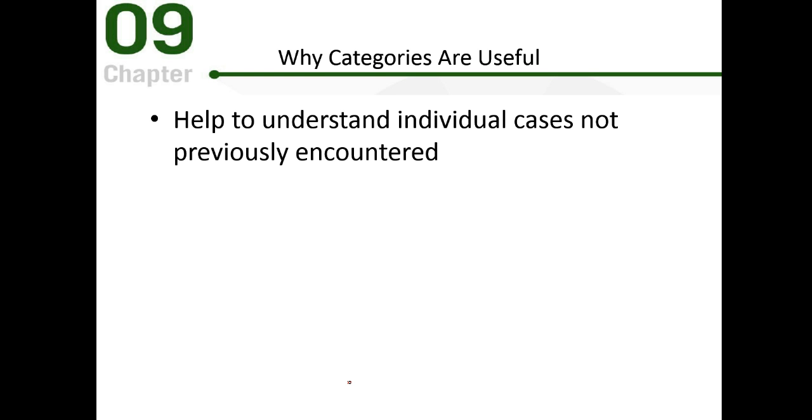So if we have a case that has similar features to a category that already exists in our brain, then we have good evidence to put that individual case that we have not previously encountered in this particular category. These are often called pointers to knowledge.